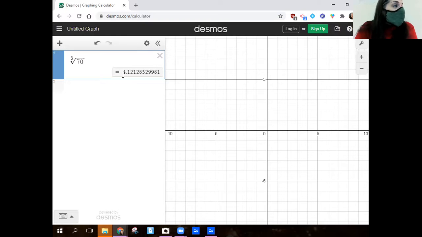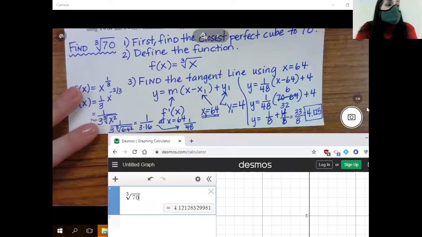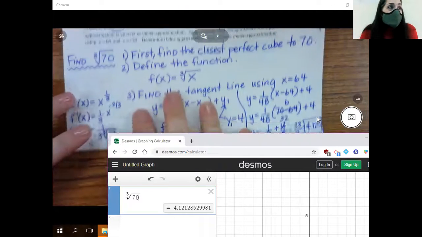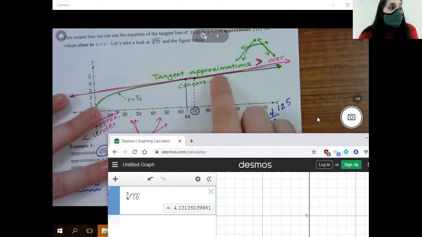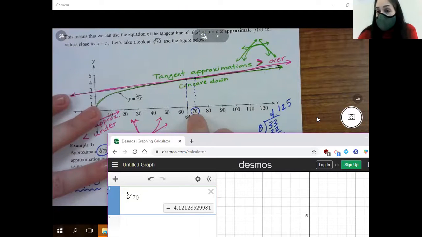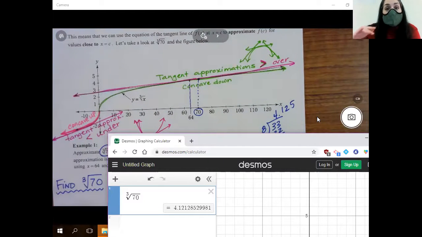All right, so anyway, 4.121, that's the actual cube root of 70. Our approximation was a little bit bigger, right? Ours was 4.125. Remember what I said about the tangent line? When the curve is concave down, which it is at 70, your tangent line is going to be above the curve.